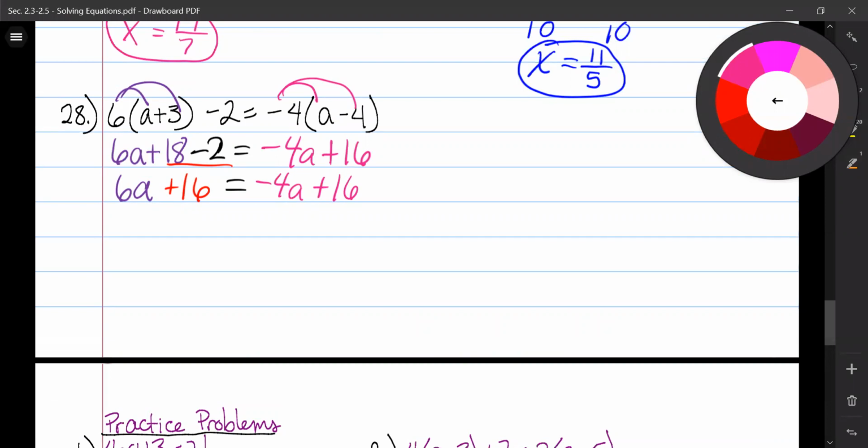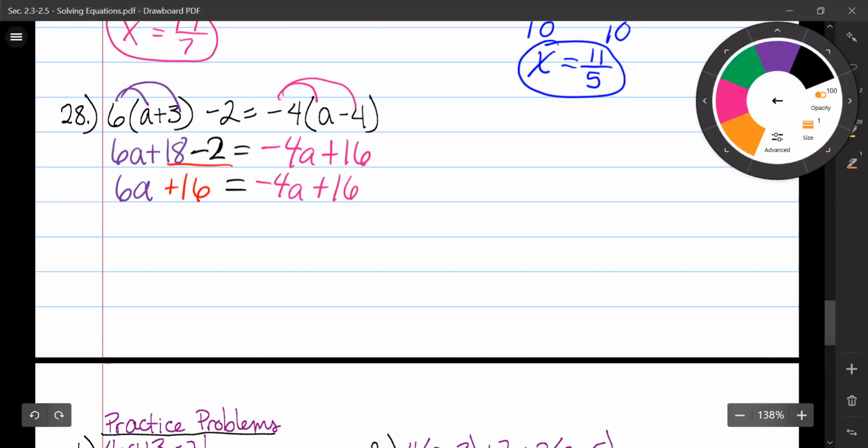But we do have a on both sides, and we need to get it all in one side. So to do that, I'm going to add 4a to both sides. So 10a plus 16 equals 16.